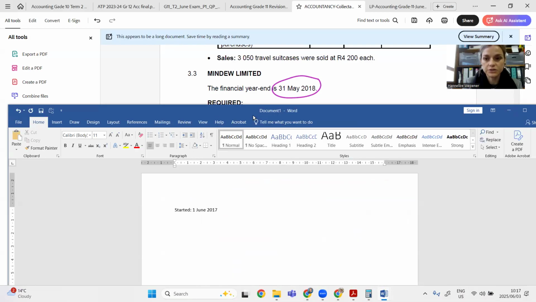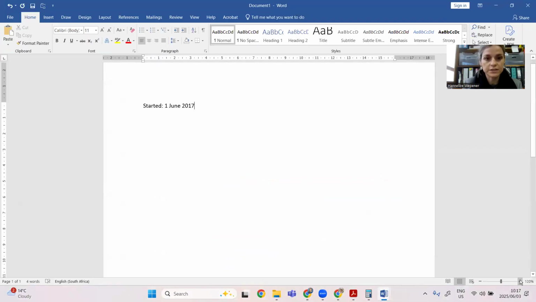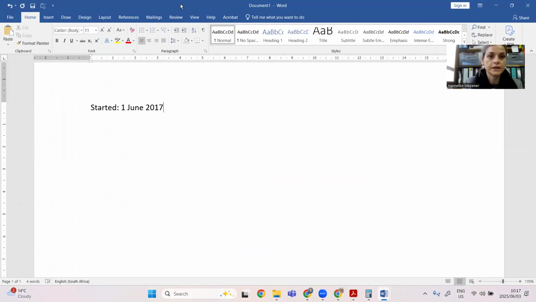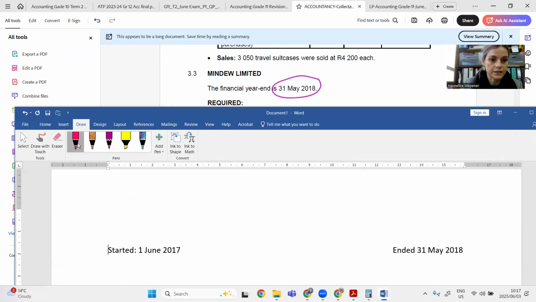And then I just want to zoom in real quick because otherwise you're going to struggle to see what I'm doing. Okay, so it started on the 1st of June and then ended on 31 May 2018, right? So it's always important to just keep track of your financial year. If you want to, you could even draw a timeline to see what happened during the year.